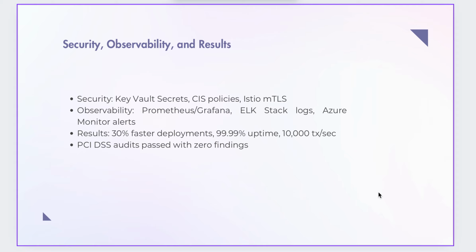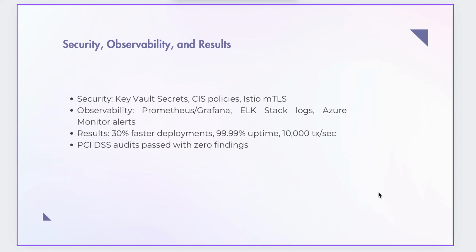Security was paramount for PCI DSS compliance. I integrated Azure Key Vault for sensitive data, enforced CIS compliant pod security policies, and used Istio's mutual TLS to encrypt inter-service communication.